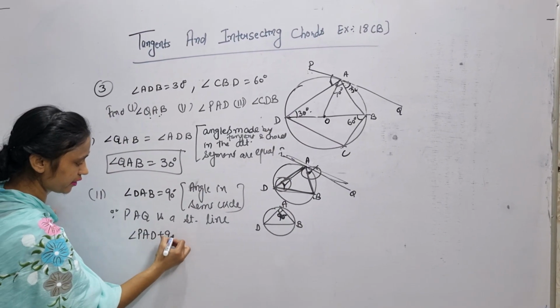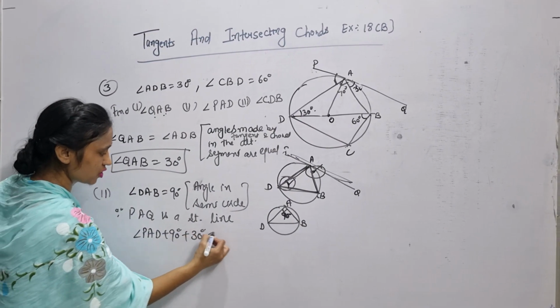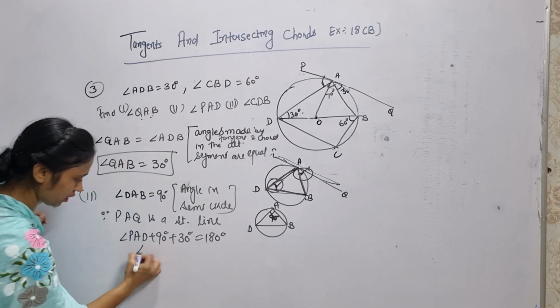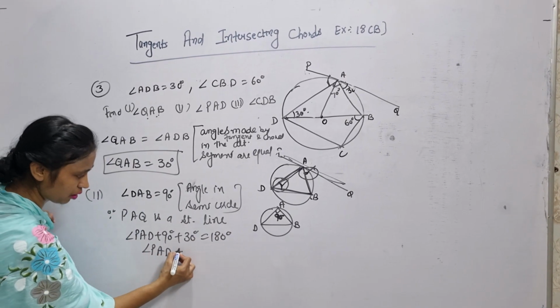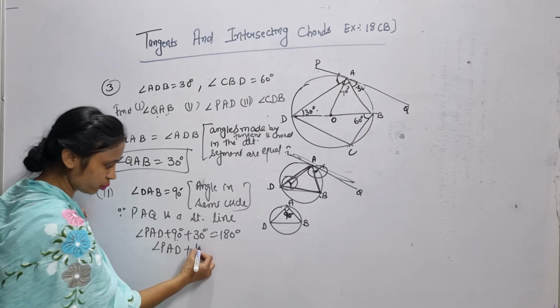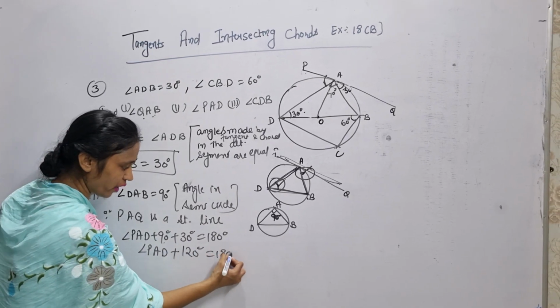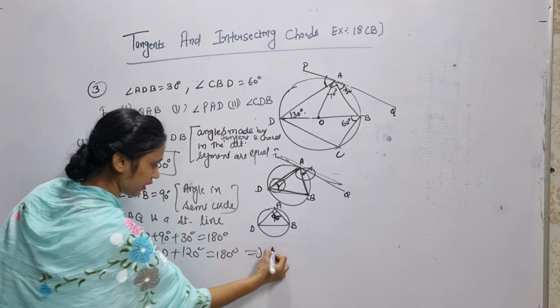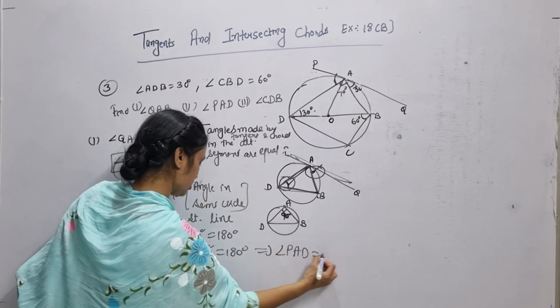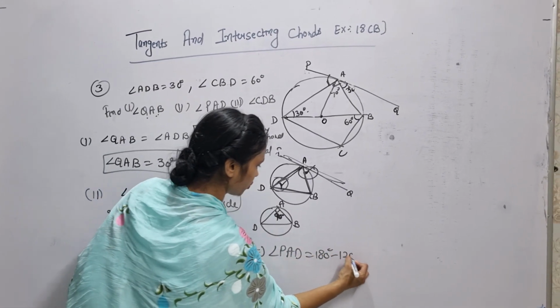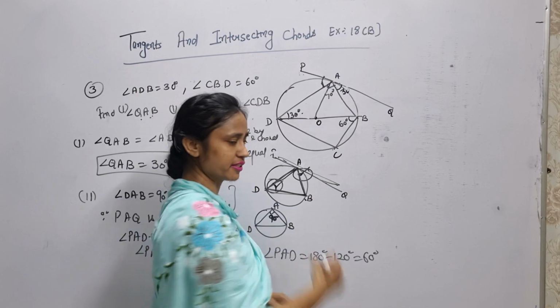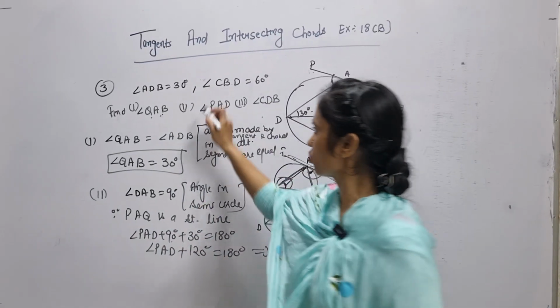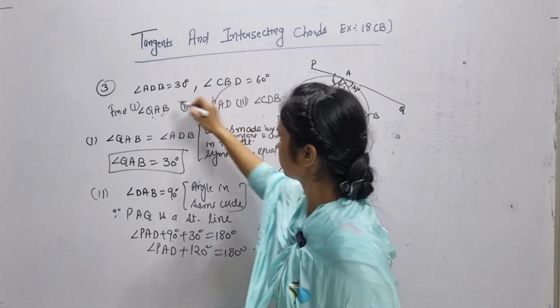PAD plus 120 degrees is equal to 180 degrees. That means angle PAD is equal to 180 minus 120, which is 60 degrees. So the second part is also done.